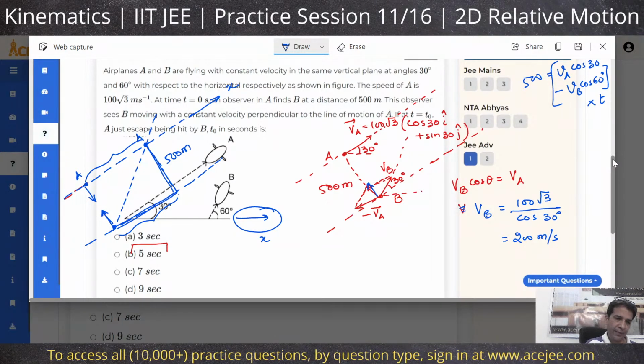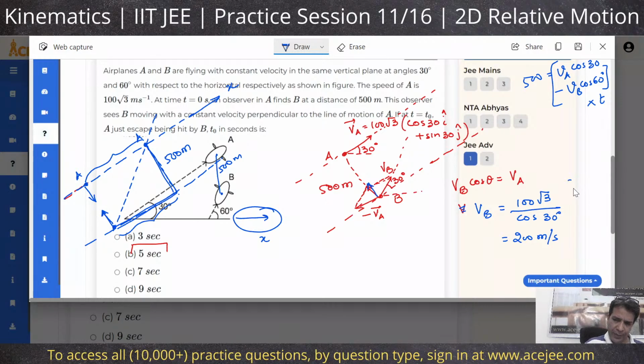Beta, at time t equals 0, they are somewhere in the space. You don't know where they are. You just know that the distance between them is 500. अच्छा सर. Yes? Have they said that? No, they have just said that with respect to the horizontal, they make their path. Now it doesn't say that they are both along the same horizontal line. It does not say that anywhere.